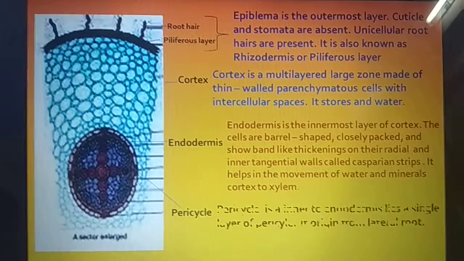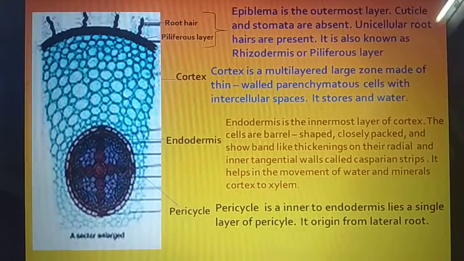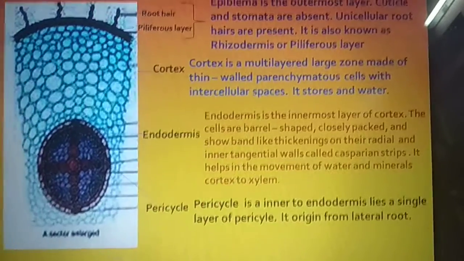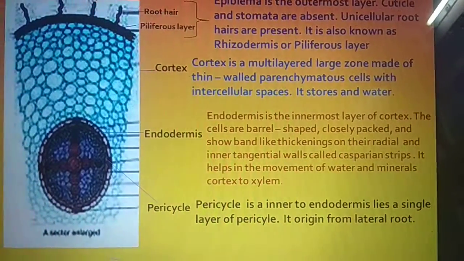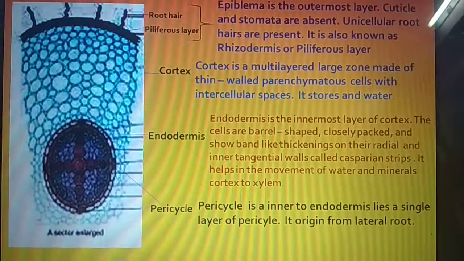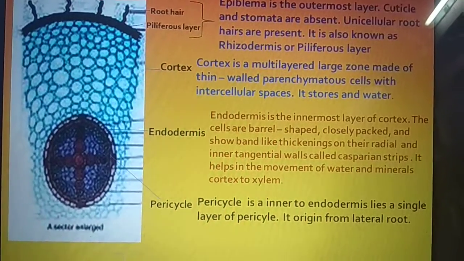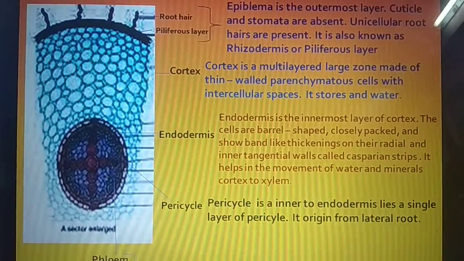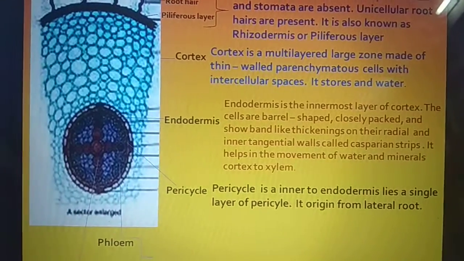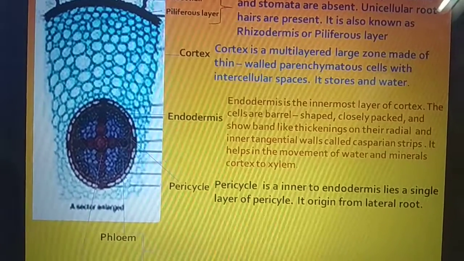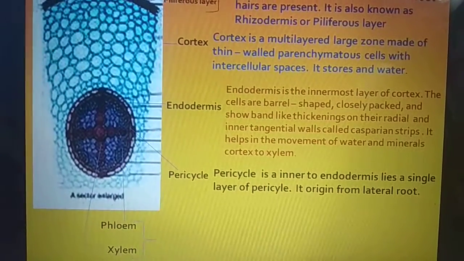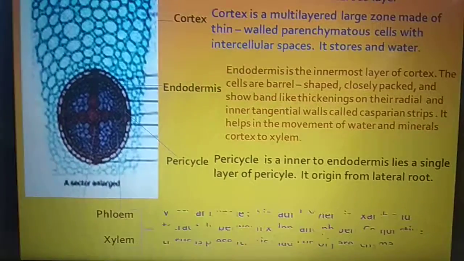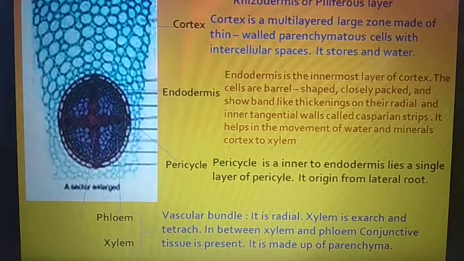Next, pericycle. Pericycle is inner to the endodermis. It lies as a single layer. Lateral roots originate from it. Next, phloem and xylem. Phloem and xylem together form the vascular bundle.